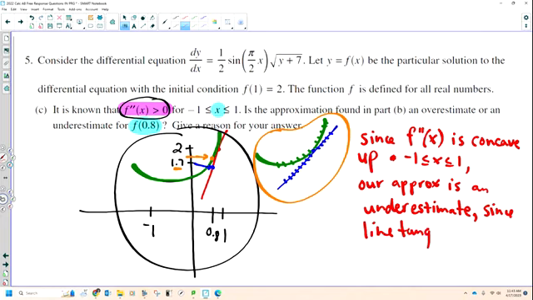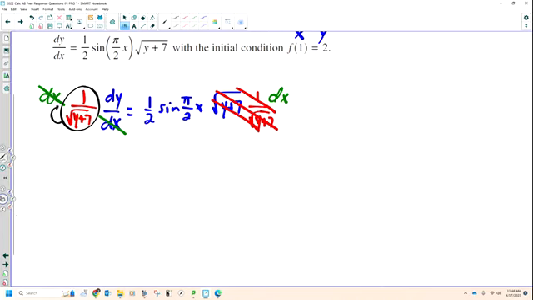I'm going to take the denominator, bring it up, and make it a fractional exponent. Technically, this is 1 over y plus 7 to the 1/2, but I'm going to bring it up and make my exponent negative. It's always easier to integrate when I have exponents, okay?